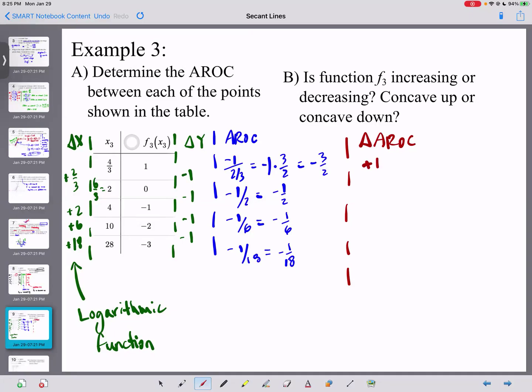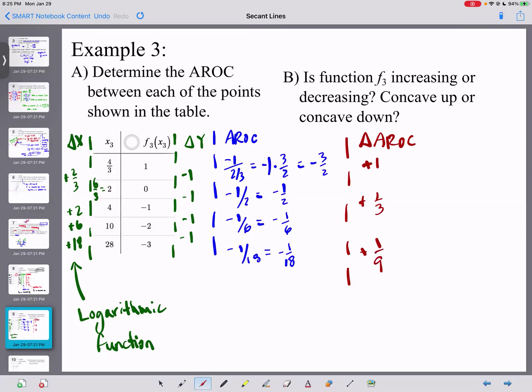And then from -1/2 to -1/6, I don't even know exactly what I increased by. If I go from -3/6 to -1/6, I increased by 2/6, so I increased by 1/3. And then from -1/6 to -1/18, I increased by 2/18, which would be 1/9.